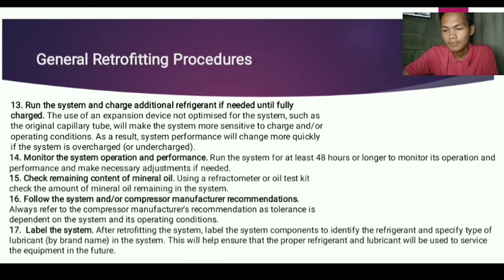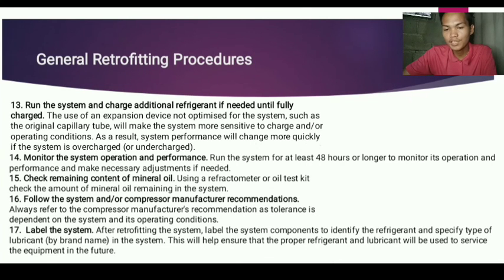Number 14, monitor the system operation and performance. So, run the system for at least 48 hours or longer to monitor its operation and performance and make necessary adjustments if needed. Number 15, check remaining content of mineral oil.